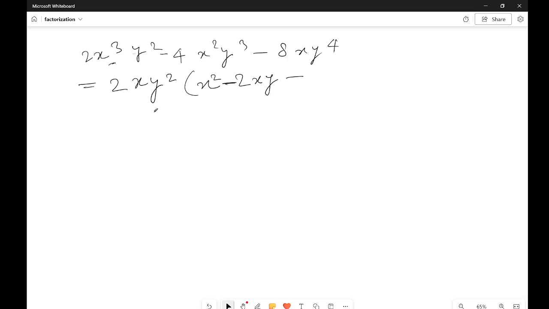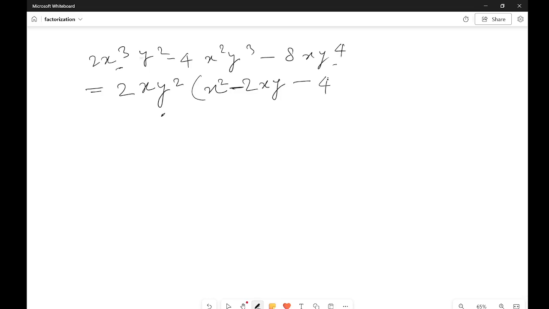And then if you take 2 common from it, we will have 4. Okay, then x has only 1 power. We already took x as 1 power, so there won't be any x remaining within the bracket. Now for the y, here y has power 4, and here we have y square, so the remaining part will be y square.